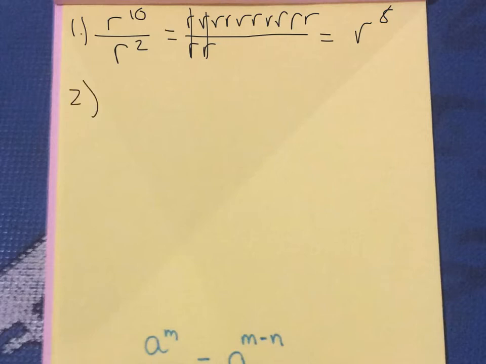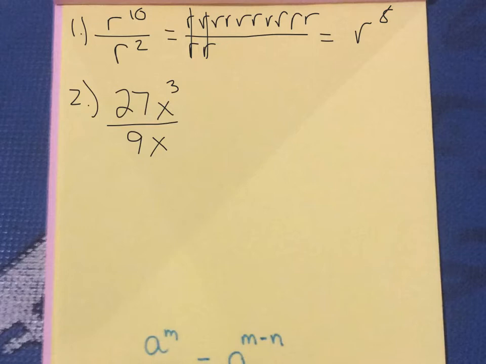Okay, looking at a second one. Let's look at one where we're actually dividing. Let's do a different one. So let's look at 27x to the 3rd over, let's just do this a little differently, 9x.